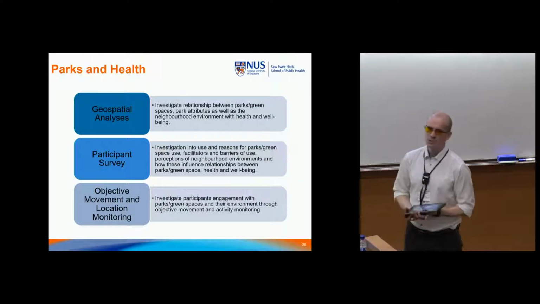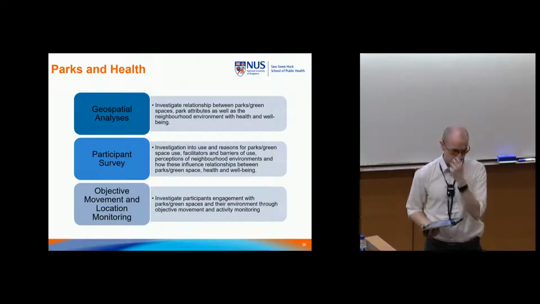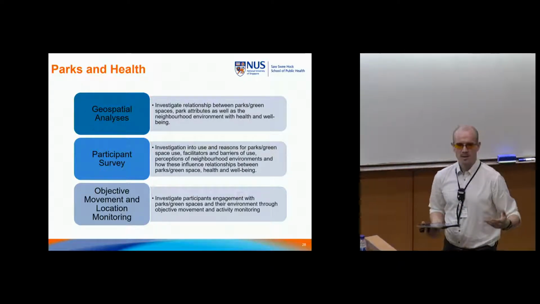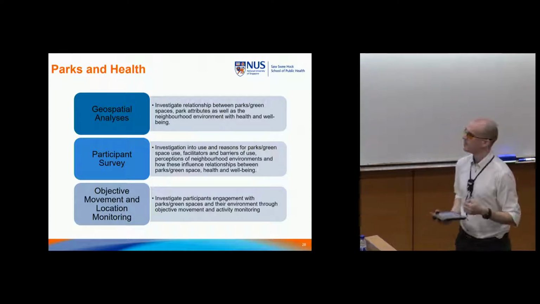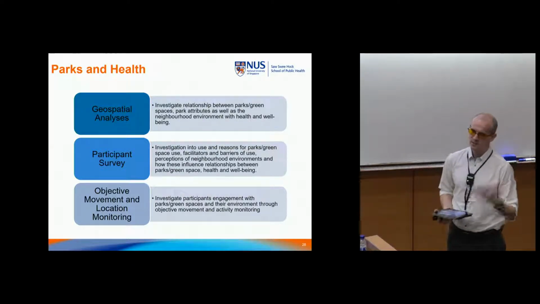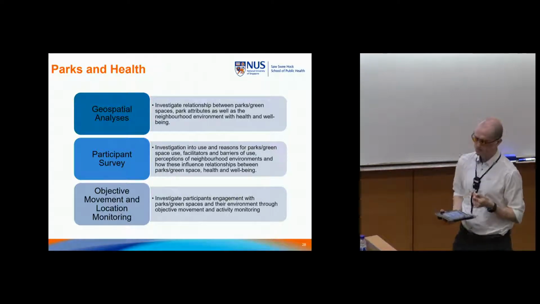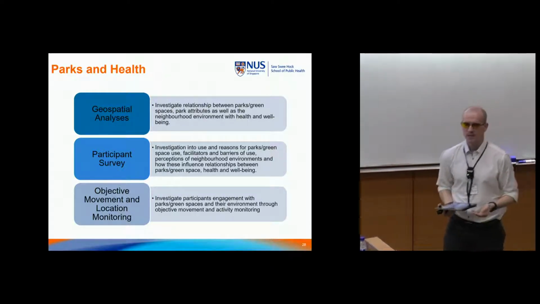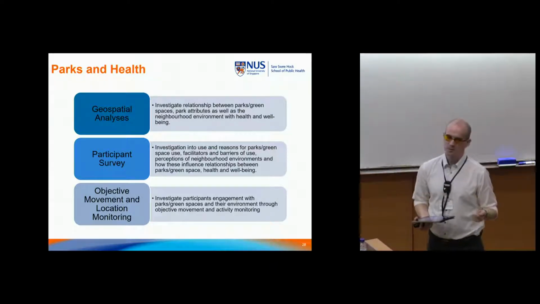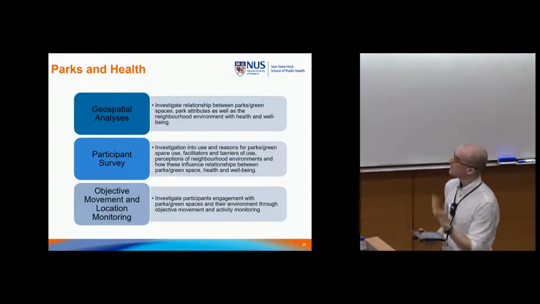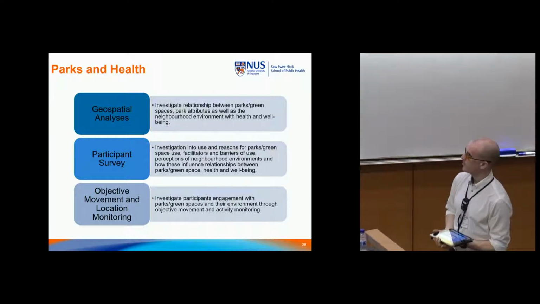In our case, the project has 3 work packages. The first work package aims to understand the relationship between built environmental features and health and well-being. In particular, how parks and green spaces relate to health and well-being. And we do that by gathering the right amount of information first of all, and then performing geospatial analysis to actually develop these environmental variables.